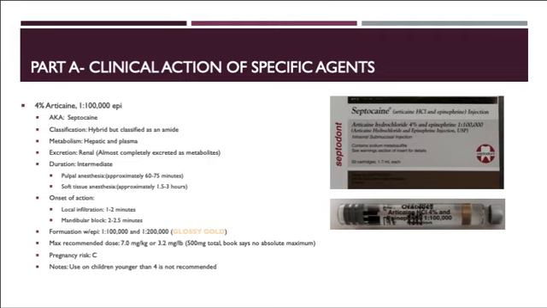Pregnancy risk category C, and we really don't recommend that you use this. It's actually relatively contraindicated to be used on children under the age of 4. And really the simple answer to why that is, is because we just don't have a lot of data on patients who are under the age of 4 who are being administered articaine.